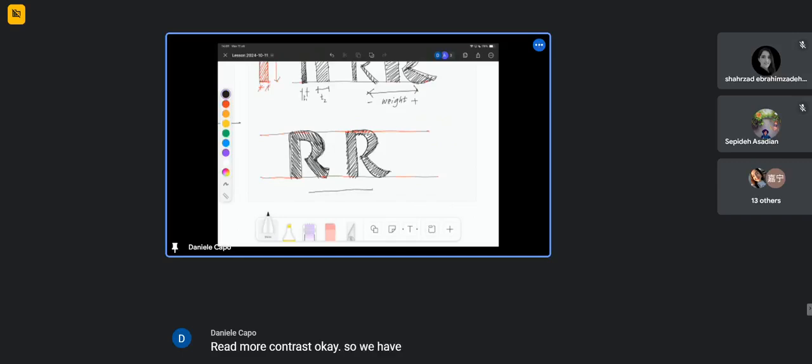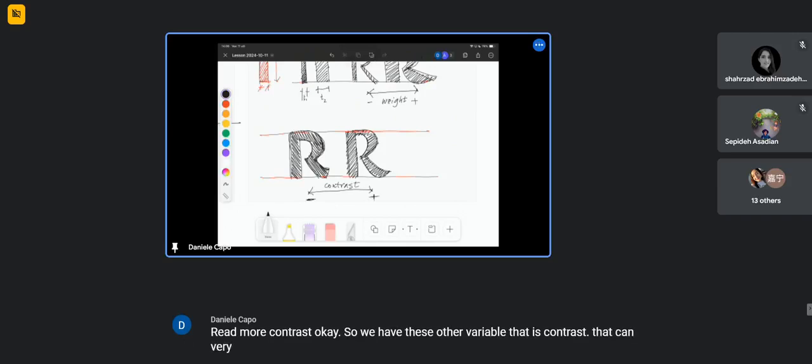So we have this other variable that is contrast that can vary in this way.